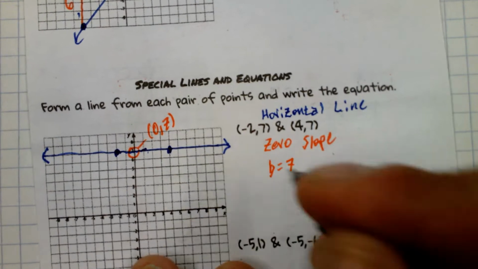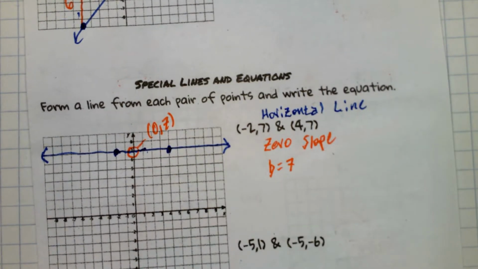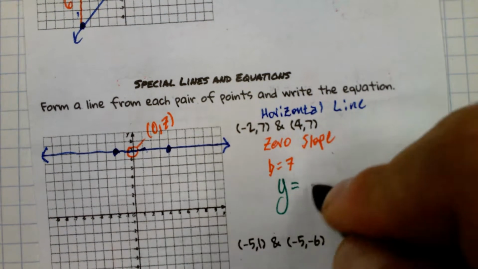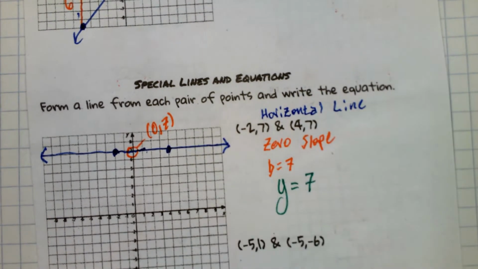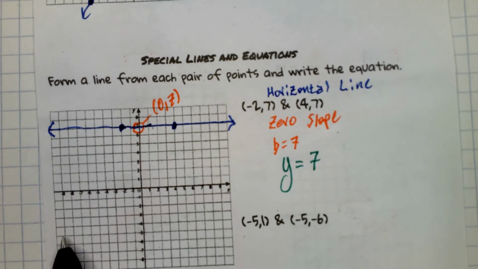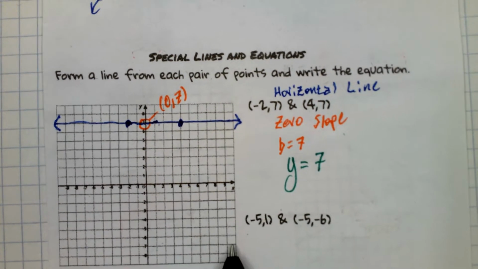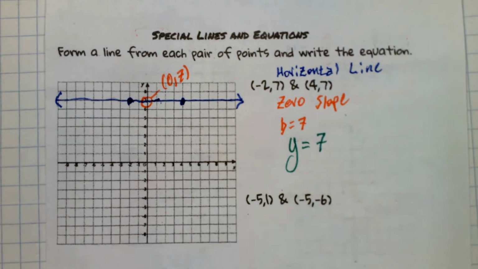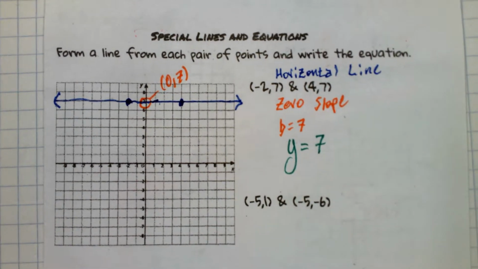It only crosses the y-axis. So the equation is y equals whatever the y-intercept is, in this case 7. And that's true for any horizontal line. If I have a horizontal line crossing at -6 down here, it would be y equals -6. It's y equals whatever that is. Okay? All right. So any horizontal line is just y equals the y-intercept number.